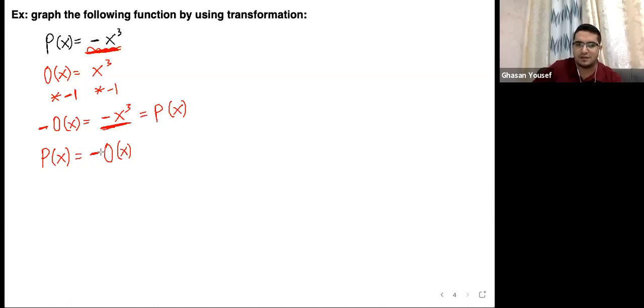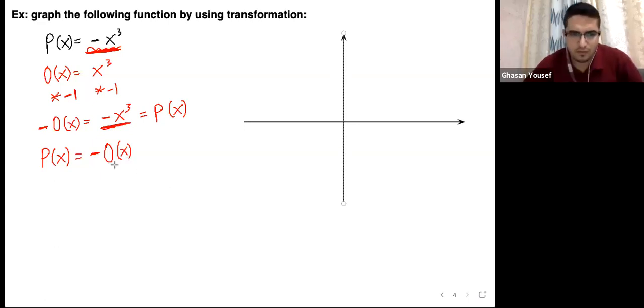What does this minus mean? When we multiply the minus outside of the original function, can someone remind me what that means?